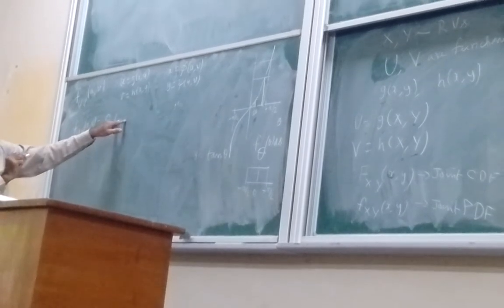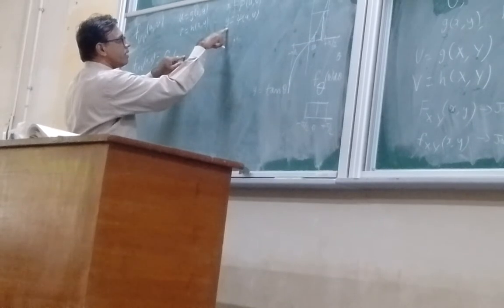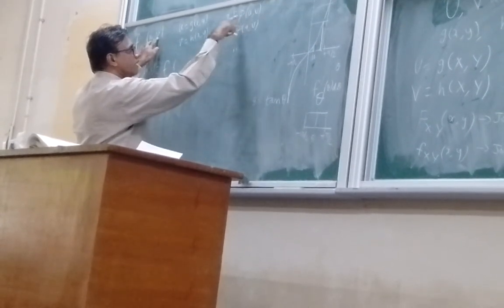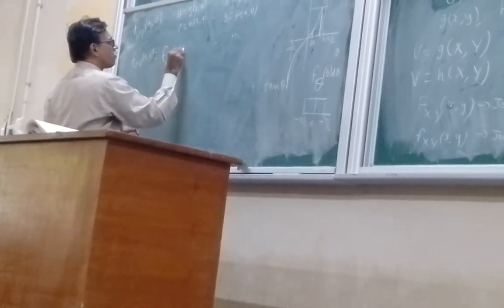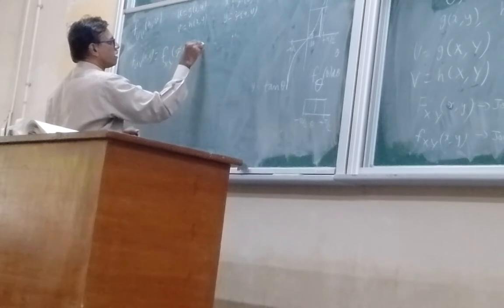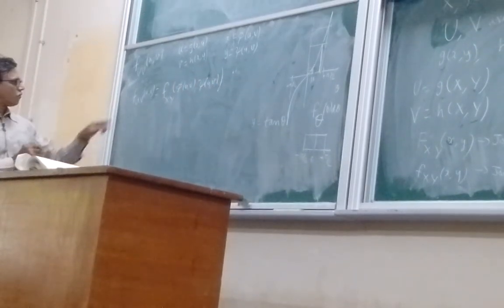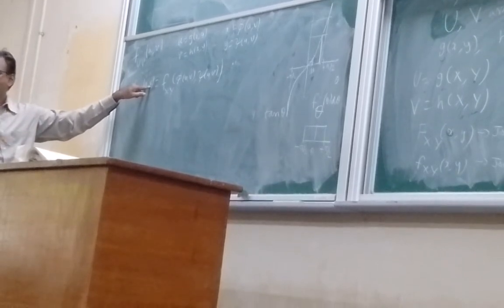But what x and y? That x and y is obtained from this one. For this uv, if you substitute and get whatever x and y, that is what I have to put. That is phi of u comma v and psi of u comma v. This is where I want to find what x and y lead to this.